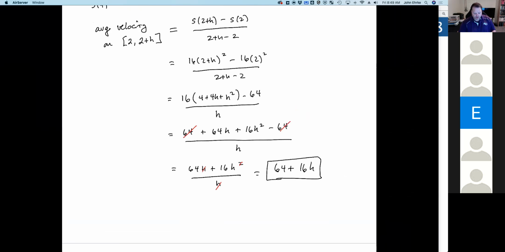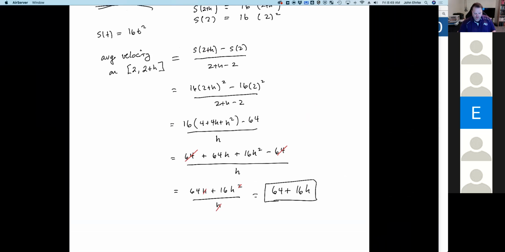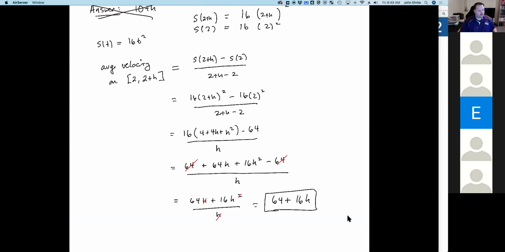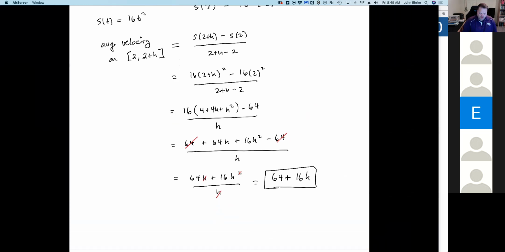This is something we're going to do more of as the semester wears on, because this is giving me a formula for different values of h. I can instantly find the velocities. In particular, what this formula tells me is as h approaches 0, the average velocity on the interval from 2 to 2 plus h approaches what value?